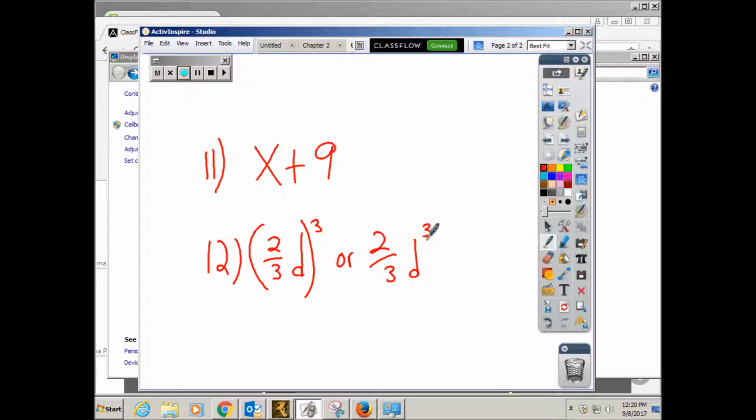Those are different: this would say you take d to the third power, and then take 2/3 of that. The other would take 2/3 of the letter d, and once you solve that, you would take that to the third power. So I personally have a problem with problem number 12.